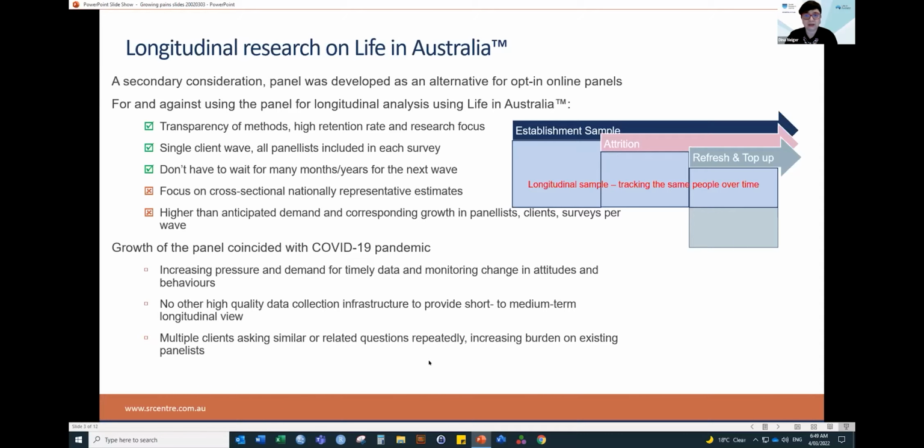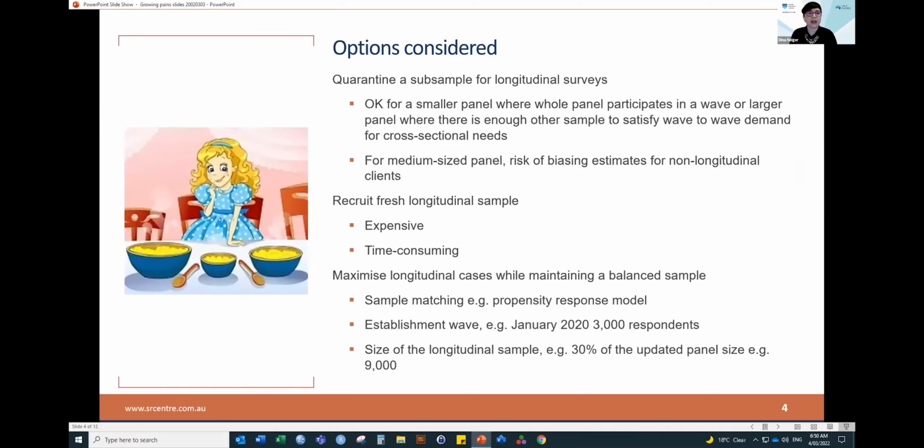So that's how we found ourselves asking, well, how do we find this sort of Goldilocks space for meeting both cross-sectional and longitudinal needs. And there were a number of options that we thought about and rejected. One of them being, well, can we quarantine a subsample for longitudinal surveys within the panel? Our panel is too big to have the same respondents in every wave.